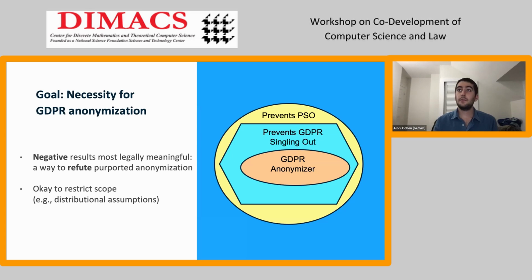And by focusing on that necessary requirement, negative results are the most legally meaningful. They give you a way to refute purported anonymization mechanisms. So if a purported technique allows predicate singling out attacks, then you can conclude it's not a GDPR anonymization technique in general. It also allows us to restrict the scope.